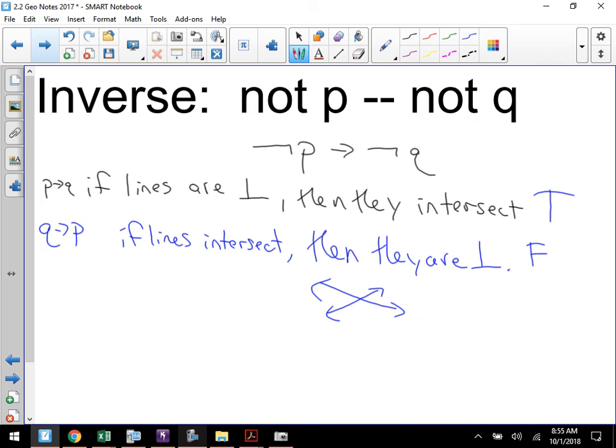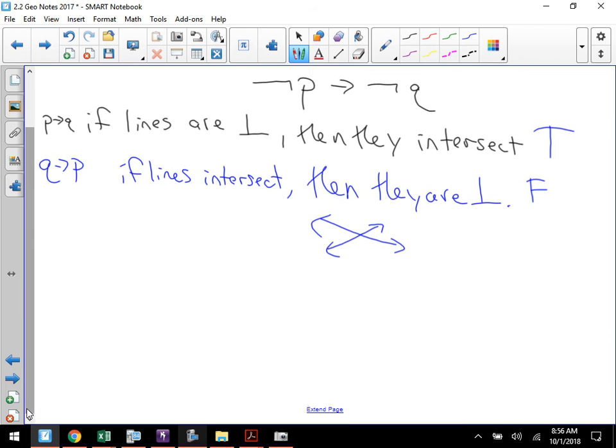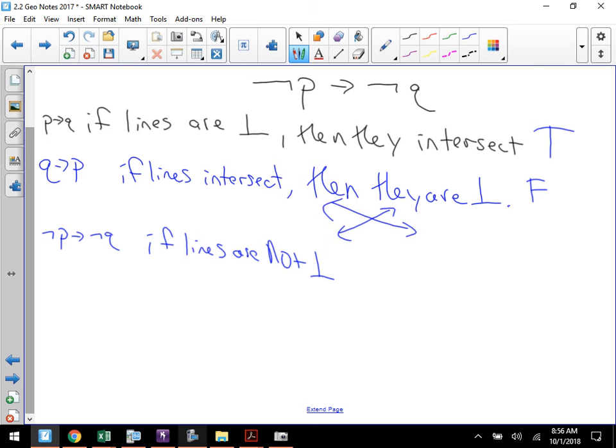Now the inverse goes back to the original statement. And all you have to do is put the word not in there twice. So if you follow through on that one, if lines are not perpendicular, then they do not intersect. See how that works? All you do is put the word not in there. So this was not P implies not Q. If lines are not perpendicular, then they do not intersect.